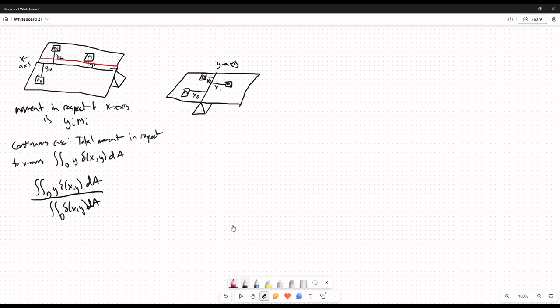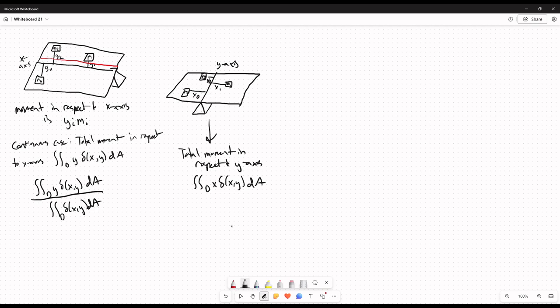And we could do the same exact thing here. We'd get that the total moment with respect to the y-axis is going to be given by this. Now it's going to be x times the density.